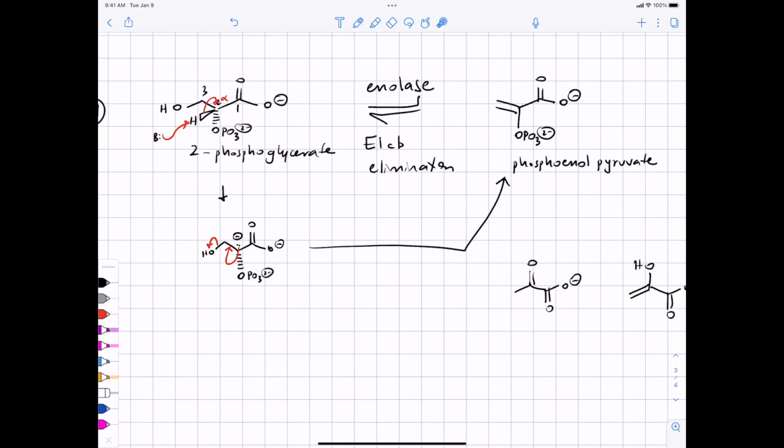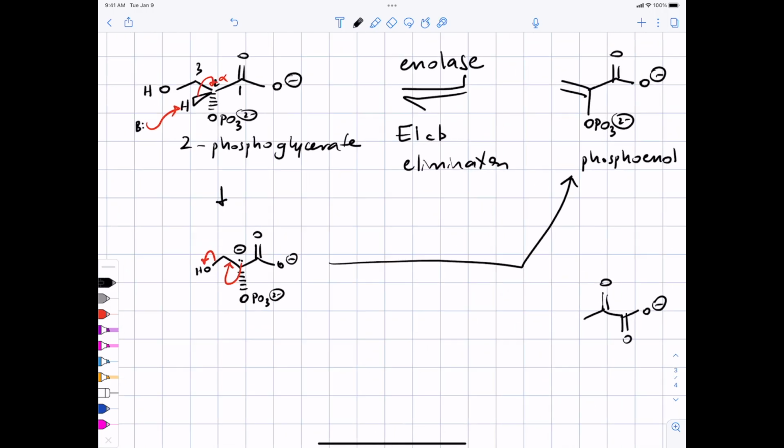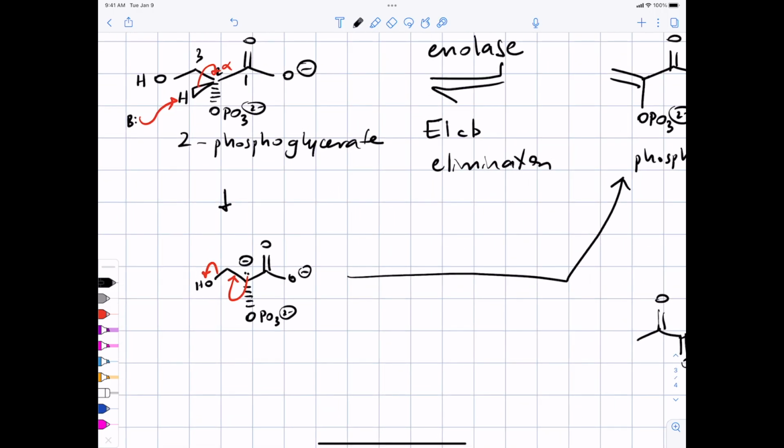Now, one thing I haven't mentioned is we just deprotonated something that already had 3 negative charges on it. That should seem kind of bad. One thing we're not saying is that phosphate groups in particular are often found in biology associated with divalent cations like magnesium to help neutralize the charge.